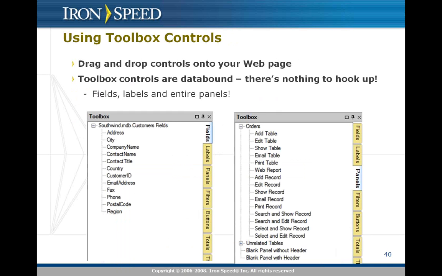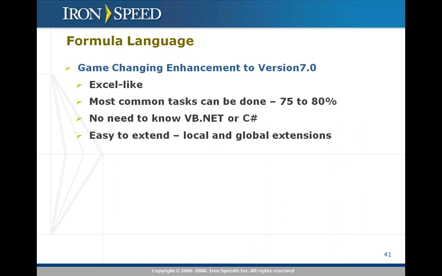And similarly, as we talked about the toolbox controls, you can drag and drop fields or panels. And then finally, on the formula language, which is Excel-like, most common tasks can be done over here without you having to dive down into VB.NET or C#. Certainly, you have 100% of the source code available for your application so that if you do need, you can open it up in Visual Studio and go for that as well.